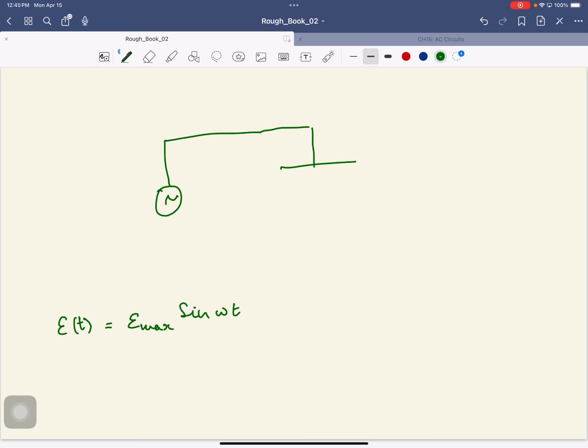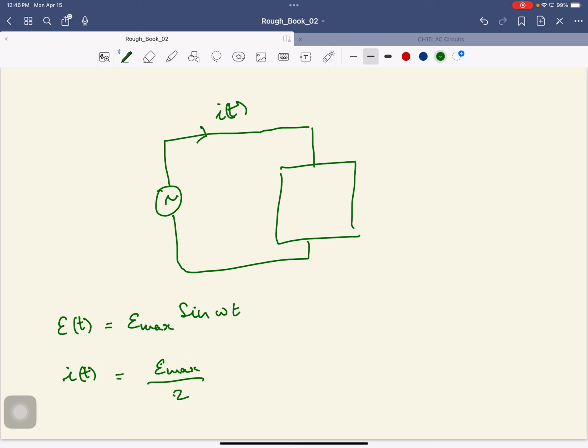And then I will draw our load as a black box. For our circuits, we are interested in finding Z and phi.